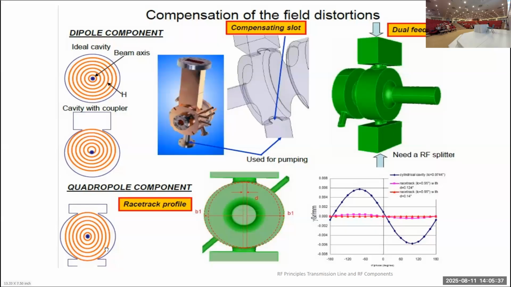There are two ways. One is we can produce the same perturbation or coupling on the opposite side, but we don't couple RF from that side. We couple RF from this upper side. This slightly mitigated the problem.